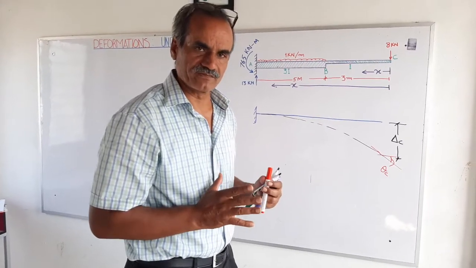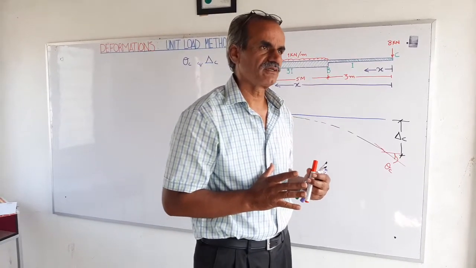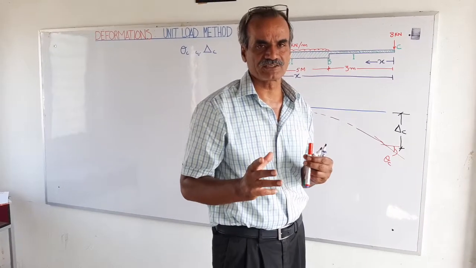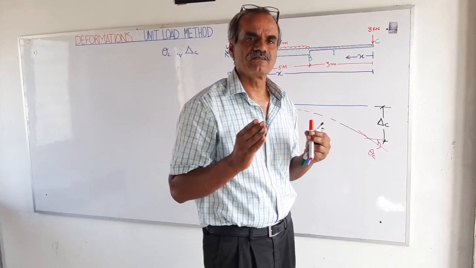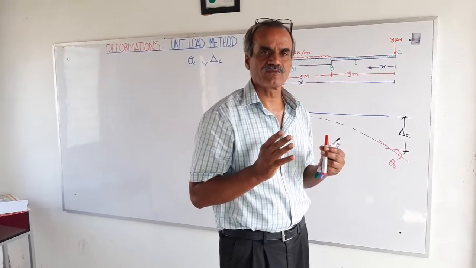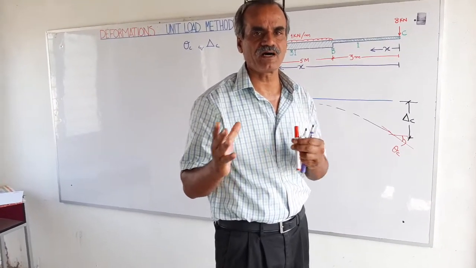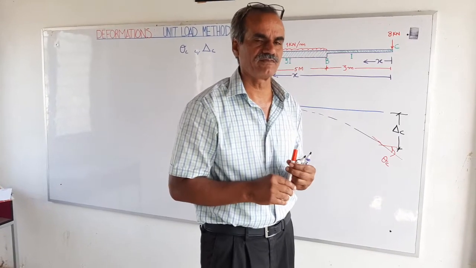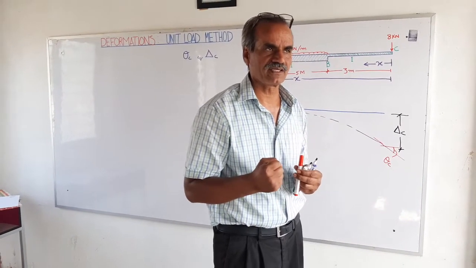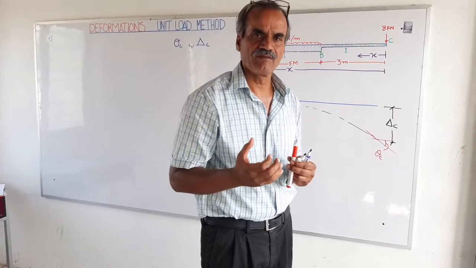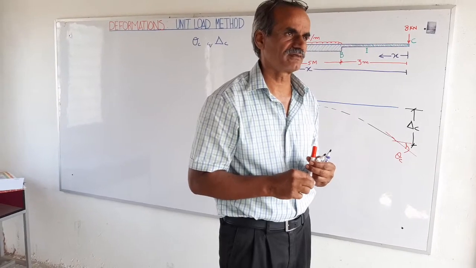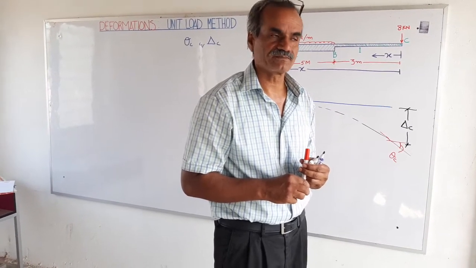Taking the product of these two and integrating within the limits in which the equation of equilibrium does not change, and summing up all these integrated values, we get the required result, that is the required deformation, may it be rotation, may it be deflection.